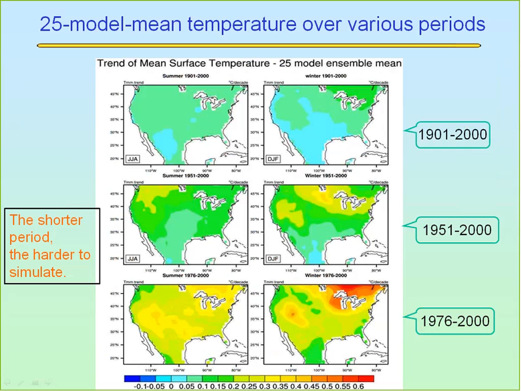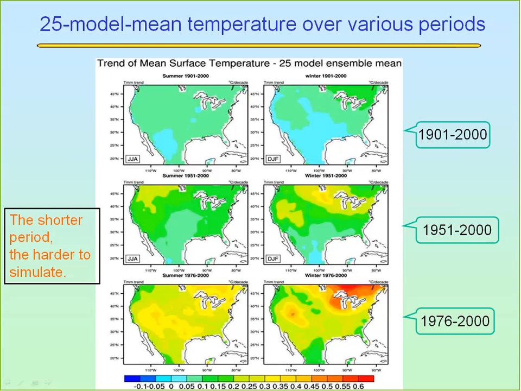You can see for longer periods, the model average can get some less warming, not cooling, but less warming. It has a tendency to capture the warming hole here and also a little bit in central U.S. But when the period gets shorter and shorter, it's difficult for models. On a 25-year scale, it's difficult to capture the cooling regions here.